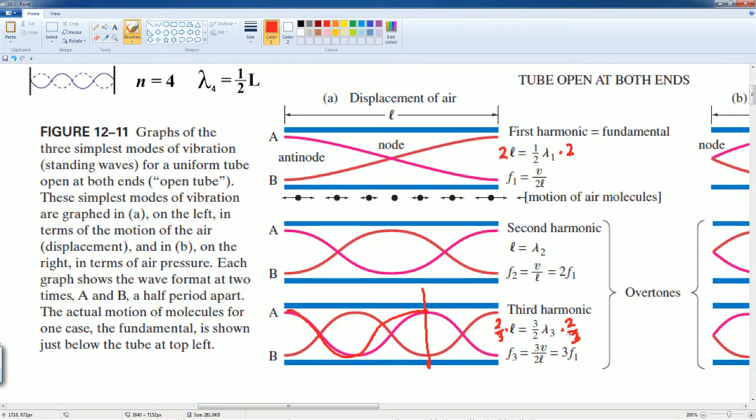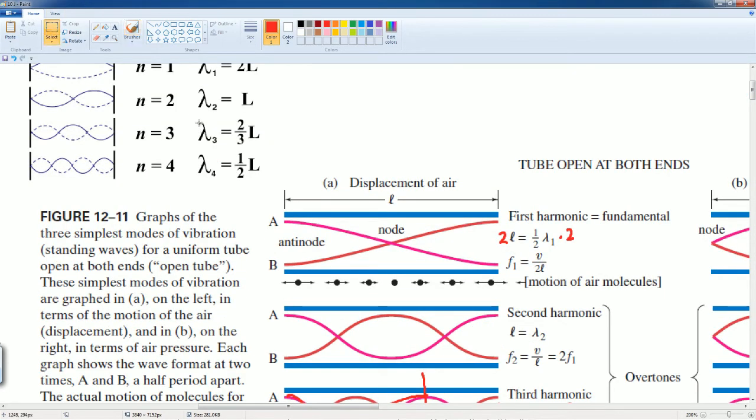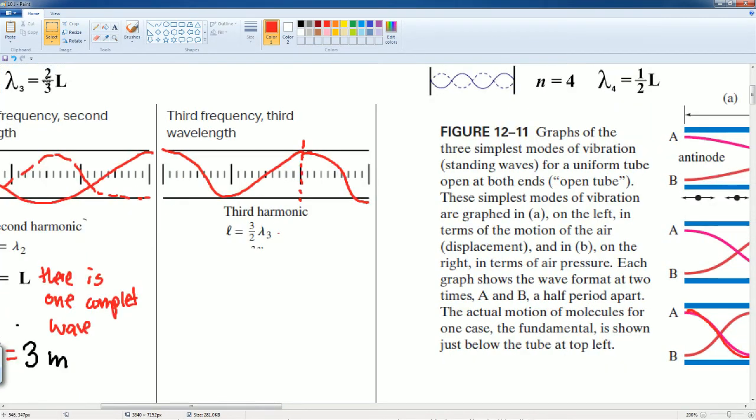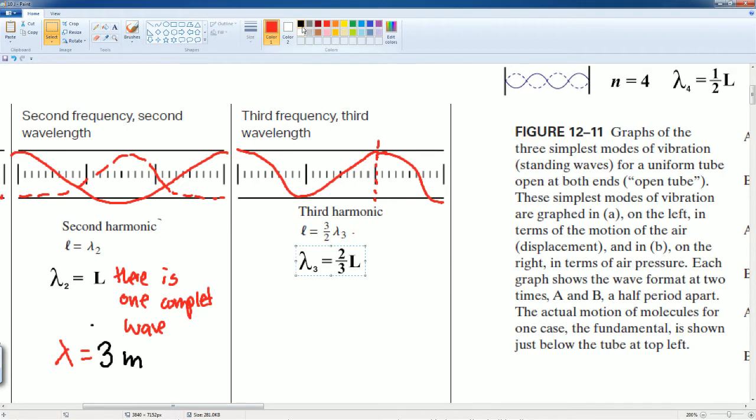All right. And we know that is called the third harmonic. And if we multiply to solve for the wavelength, we get this. The wavelength is equal to 2/3 the length. All right. So let's plug it in. So lambda is going to be equal to 2/3. And we know the L here was equal to 3.